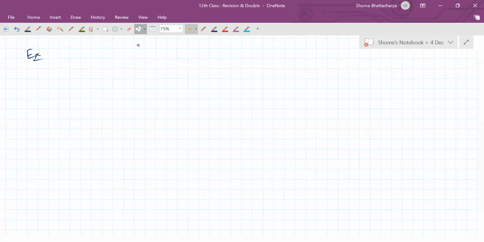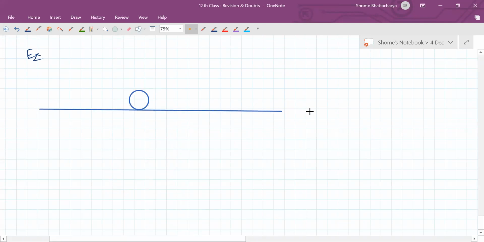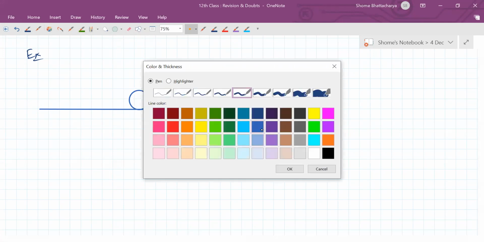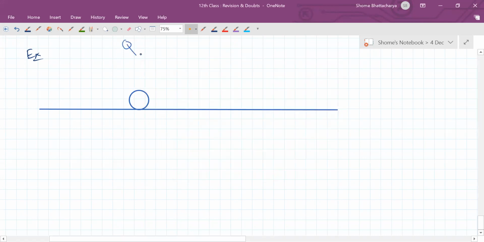Okay, so the main thing here is you have to look at the impulse picture. When the sphere comes in contact with the surface, what is happening? Before contact, the sphere had a velocity with a positive x component and a negative y component.